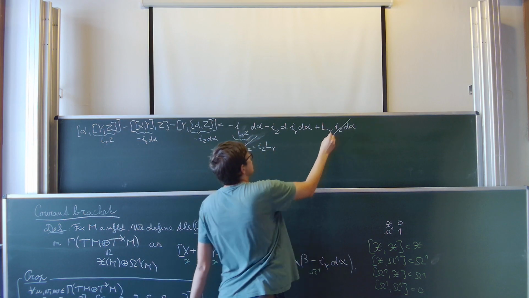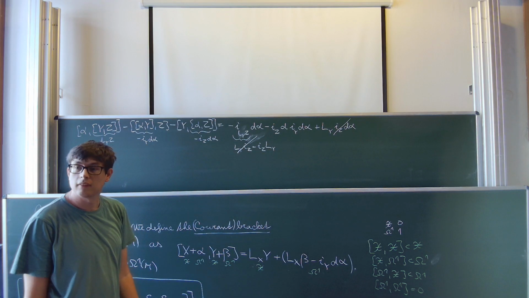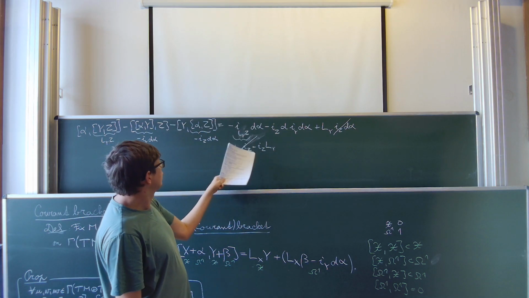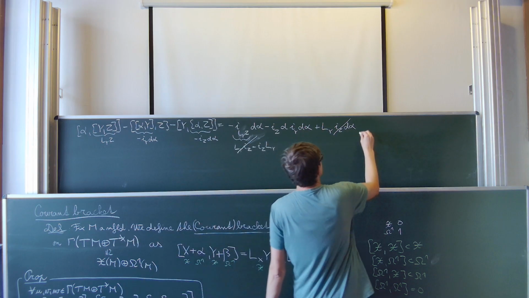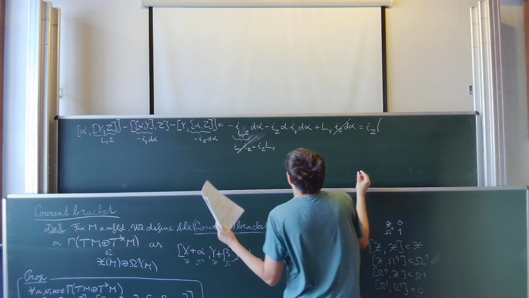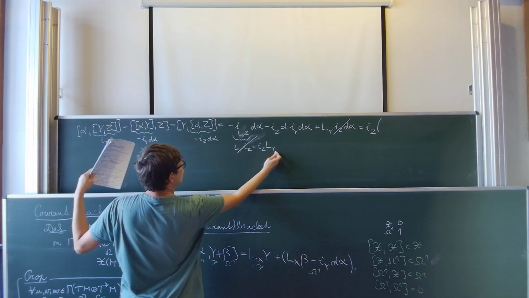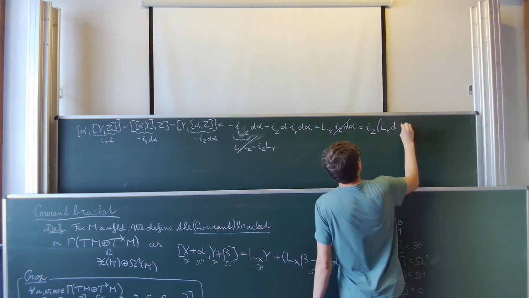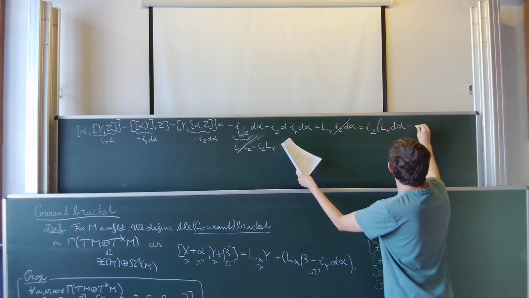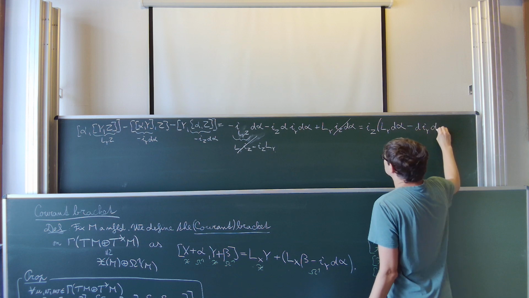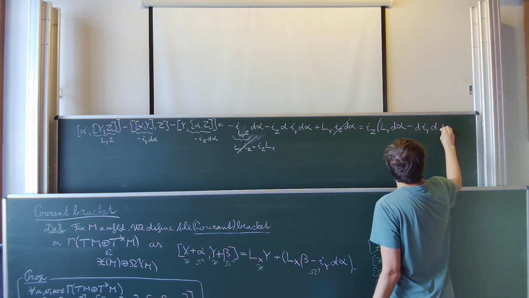This thing cancels with this one. And here we get I Z at the beginning in both cases. There is minus minus is plus. We get I of Z, and then here we get L Y of d alpha. In the other guy we get minus d I Y d alpha.